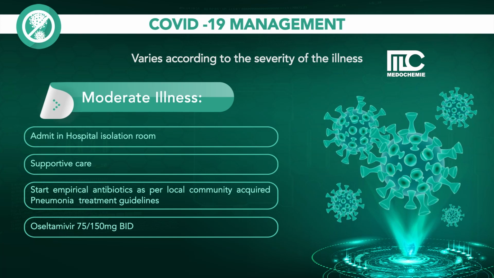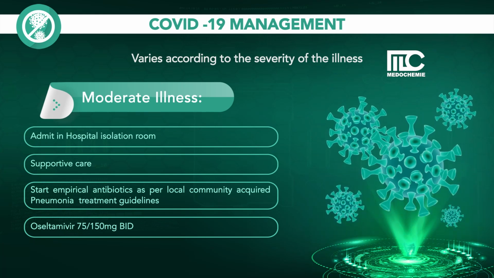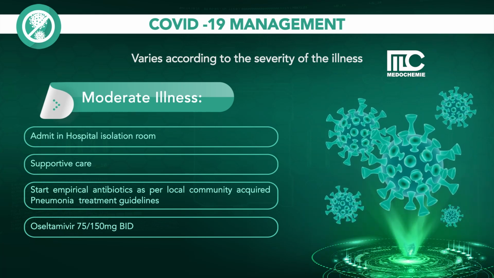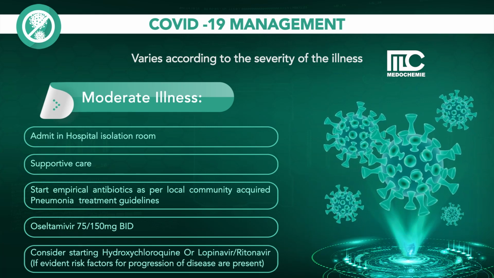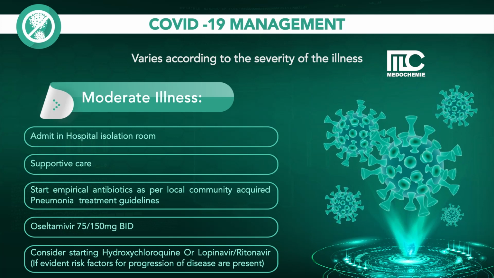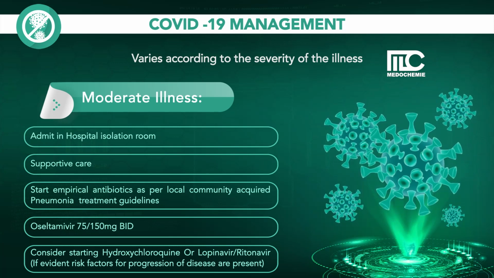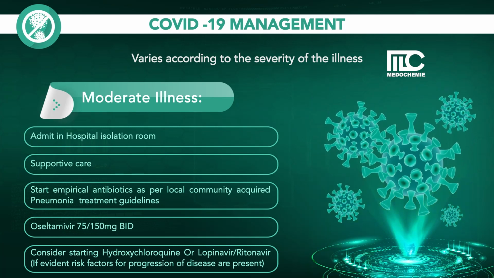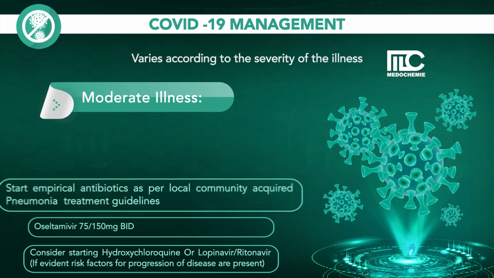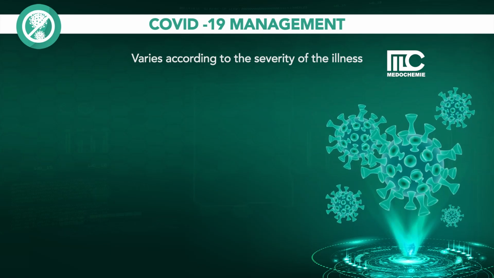Oseltamivir, either 75 or double the dose, 150 milligrams twice a day. Consider starting hydroxychloroquine or, if available, lopinavir or ritonavir if evident risk factors for progression of disease are present.